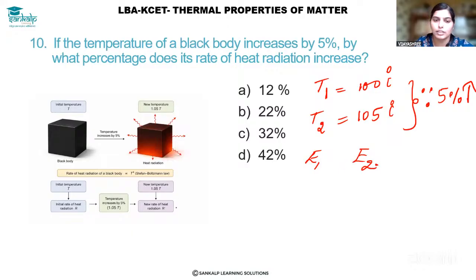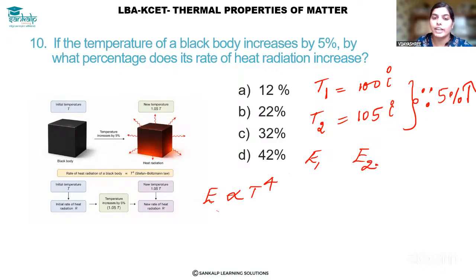Now, ನಮಗೆ Stefan-Boltzmann law ಗೊತ್ತಿದೆ. E is directly proportional to T to the power 4 ಅಂತ ಗೊತ್ತಿದೆ. So E1 is the radiation energy emitted at 100 degrees Celsius. E2 is the radiation energy emitted at 105 degrees Celsius.